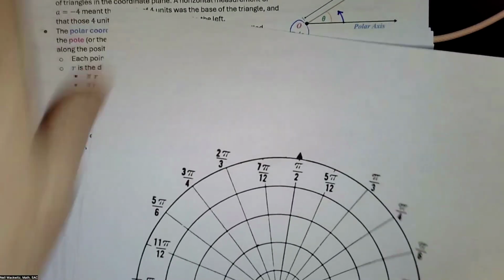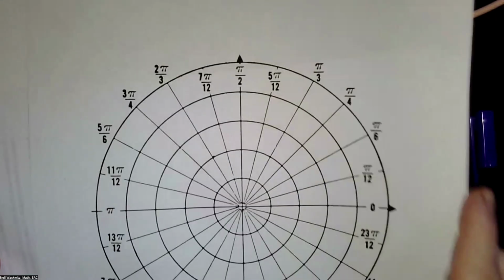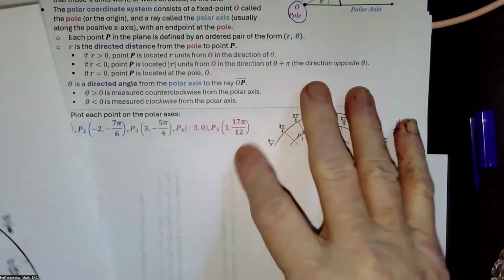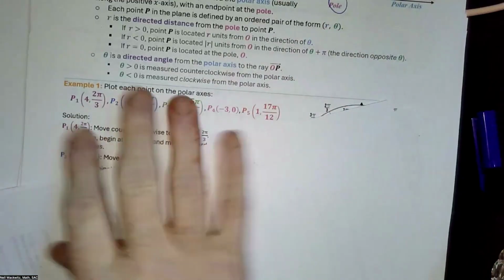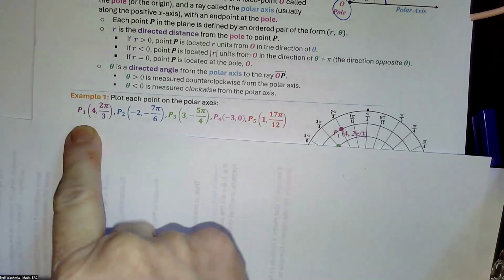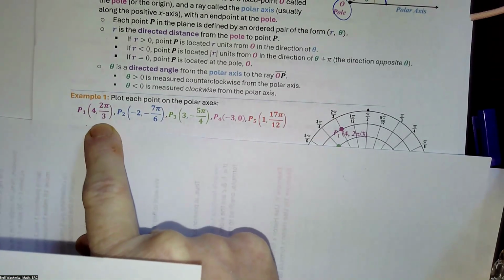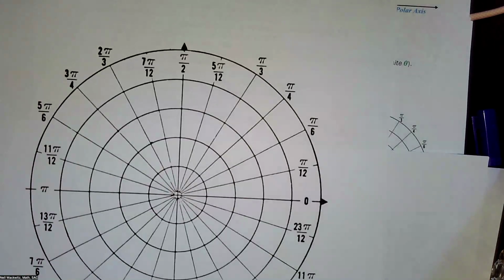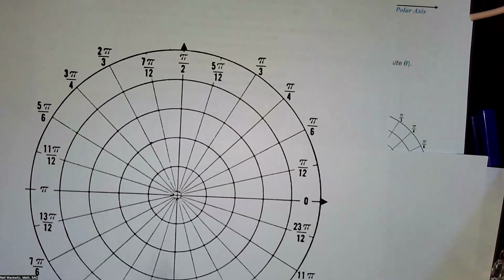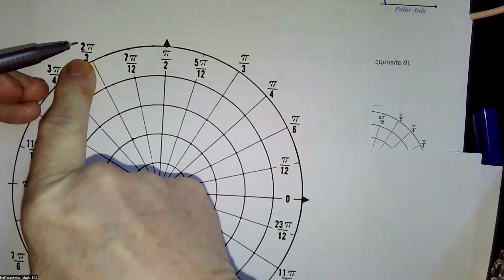So to graph in polar form, the first point that we want to graph is 4, 2 pi over 3. And we're going to start at 2 pi over 3.